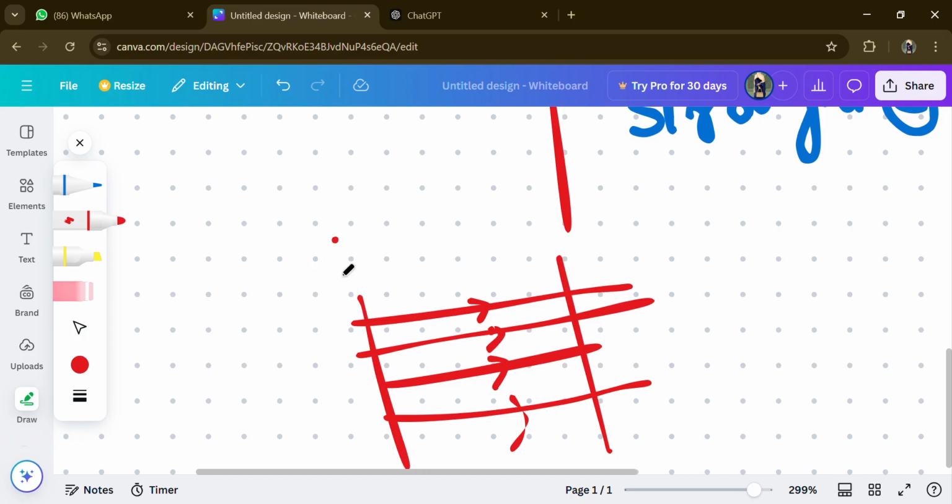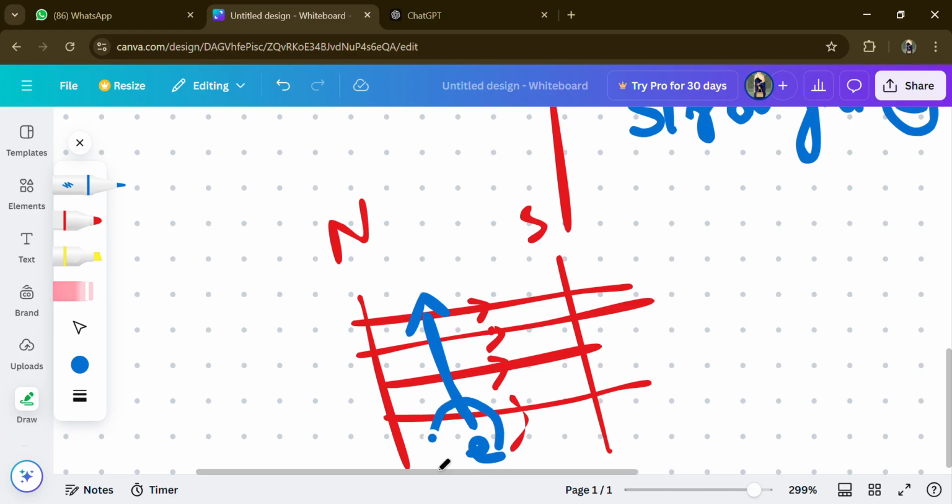This is the North Pole and this is the South Pole. Now here, if a charge is moving in this direction, creating a sine theta, it won't move straight, it will keep moving in a circular direction.